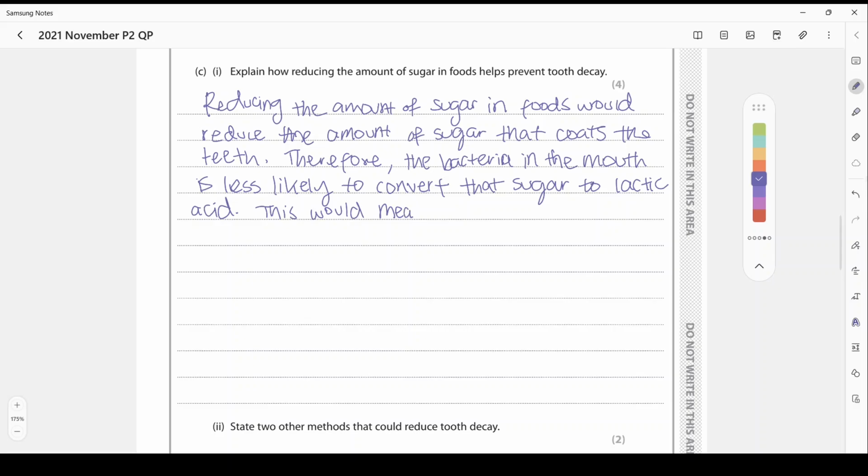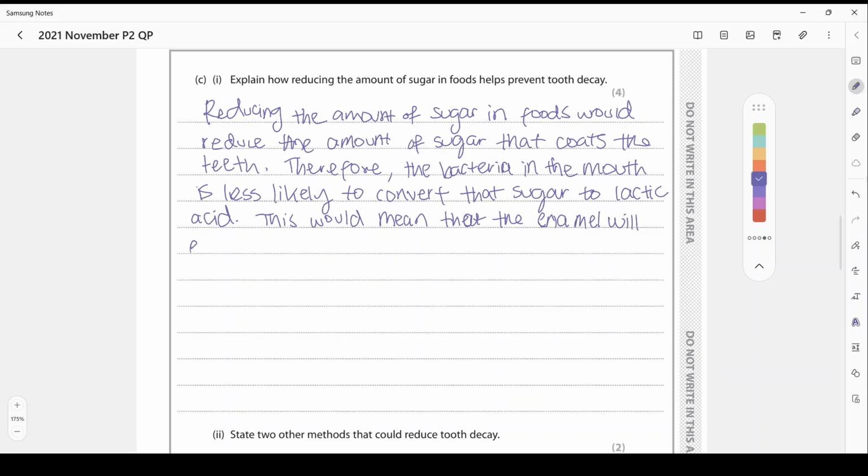This would mean that the enamel will erode less.